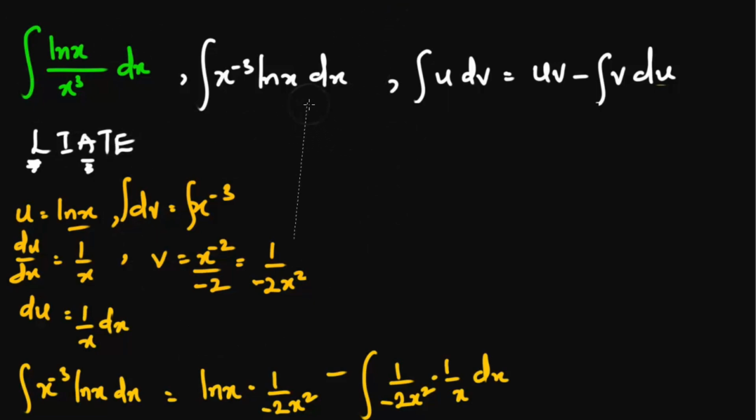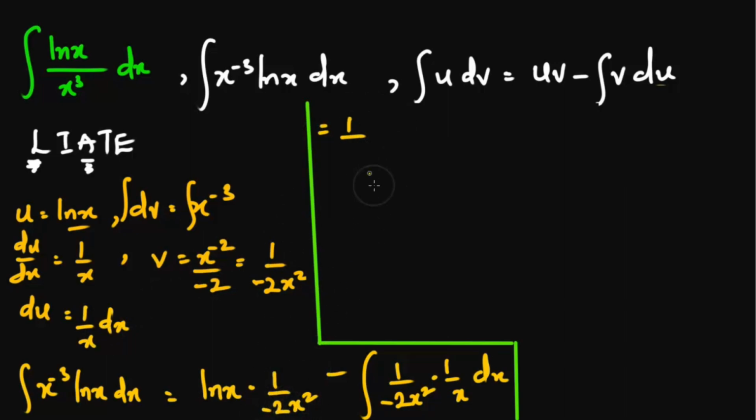Okay, so let's create space. So what we have now is going to be equal to 1 over, I'm going to pick this guy, minus 2x squared ln x, right, minus the integral of, this becomes 1 over minus 2x cubed, right, dx. So we can easily integrate this guy.